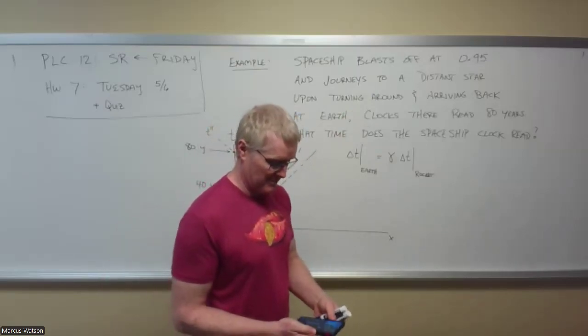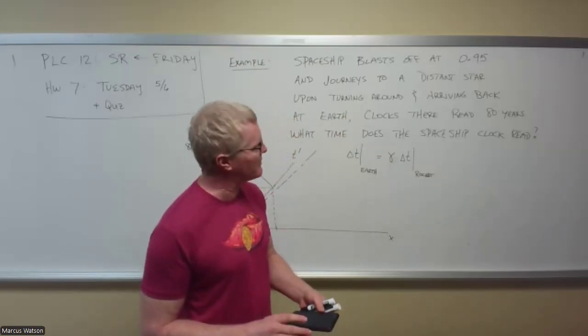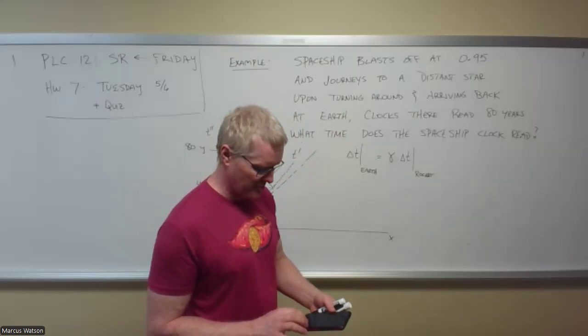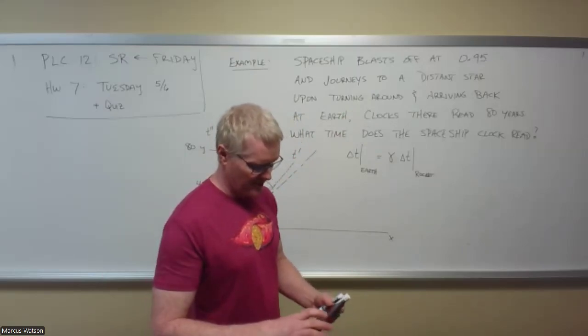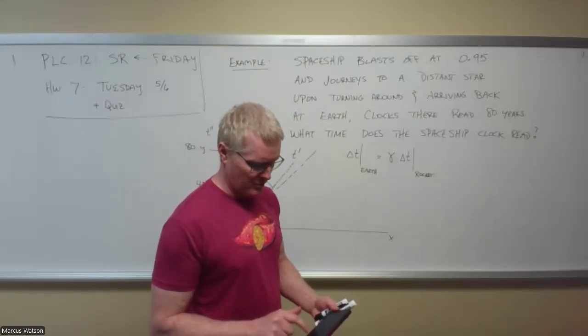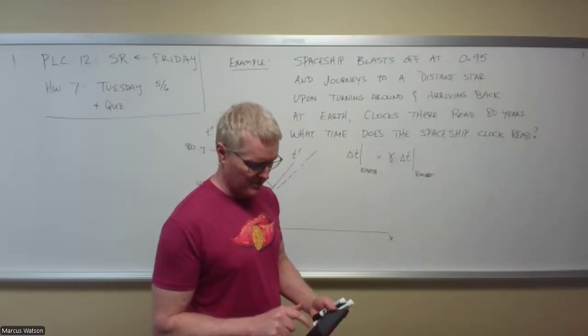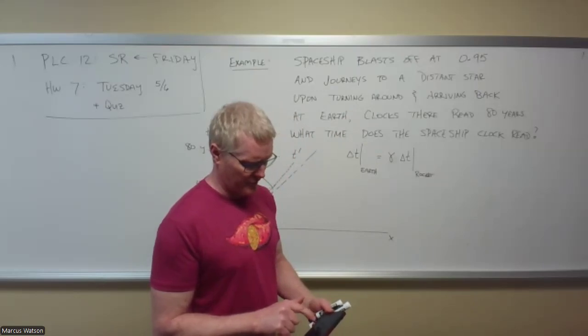I forget what it is. It's like 2.3 or something. So we'll do 0.95 and we'll square that number, and we'll subtract it from 1, and then we'll square root that number and we'll flip it over.